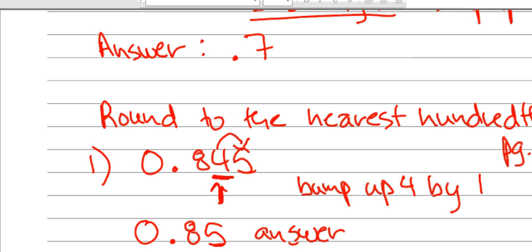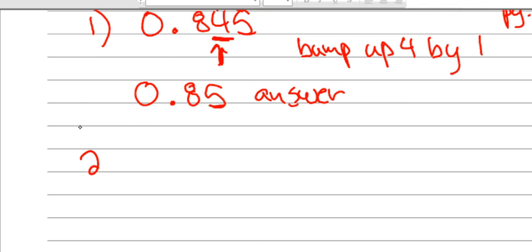So if I want to round to my nearest hundredth, I'm looking at the number in the hundredth spot. Underline that, look next door to your right. 5 or higher, bump up the underlined spot by 1. If not, let's do another one where it would stay the same. So again, I want to round to the nearest hundredth. The 3 is sitting in the hundredth spot.